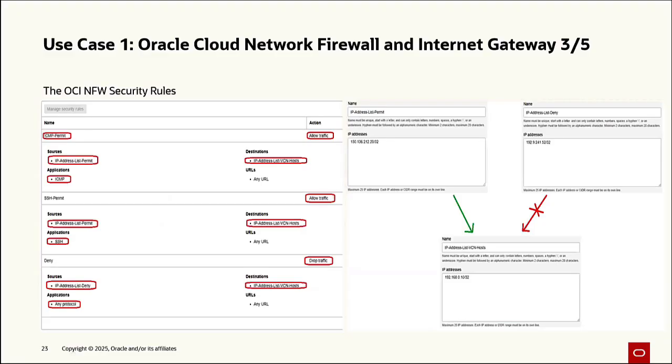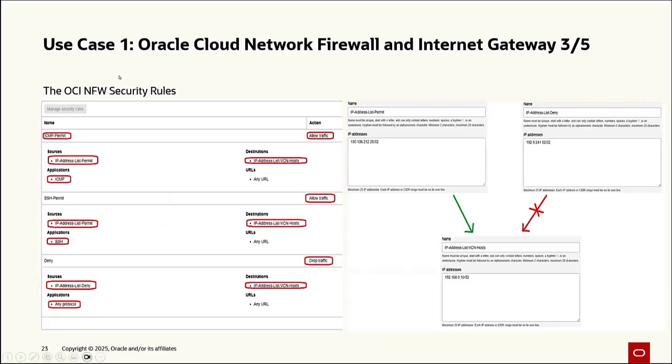Let's see the security rules. We know that in order to define a security rule within the OCI network firewall, we need to have our IP addresses defined, our URLs defined, and our services defined, right? In order to have the match as specific as possible.